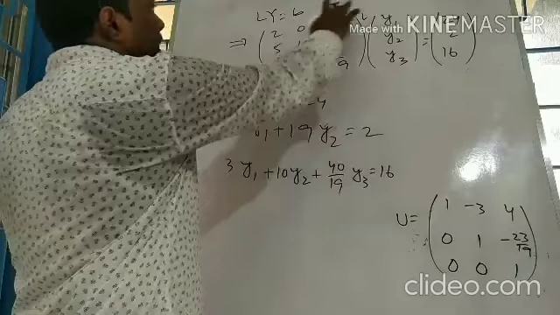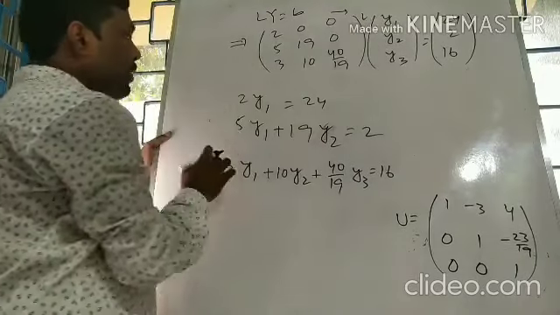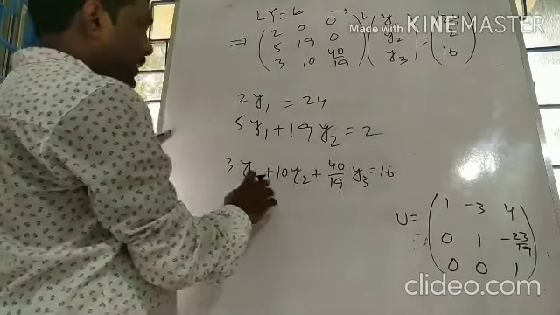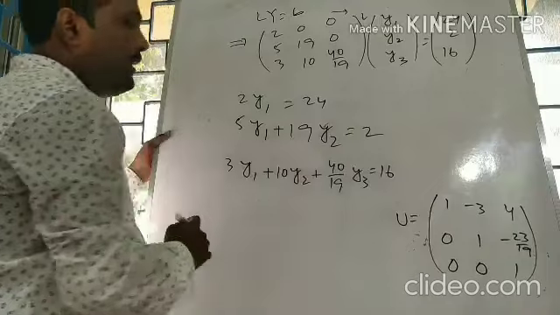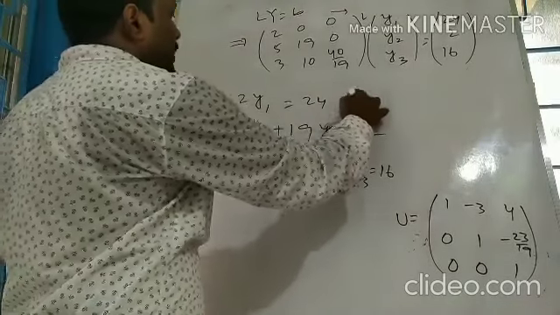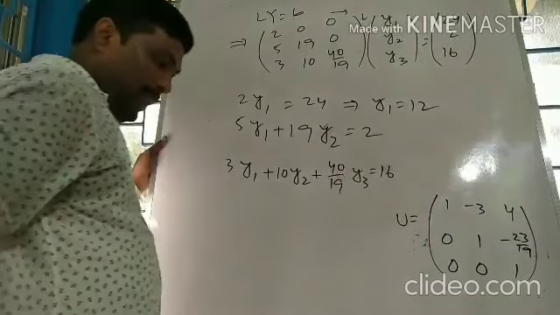That's matrix multiplication: 2y1 plus 0 into y2 plus 0 into y3 equals 24. So 2y1 equals 24 implies y1 equals 12.